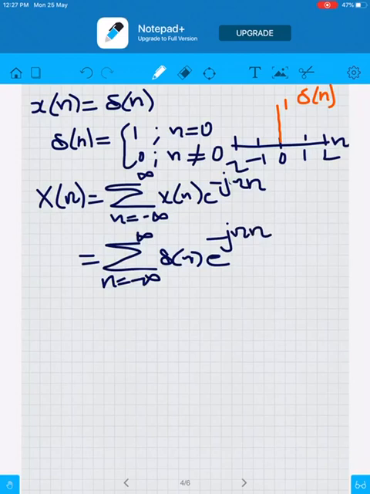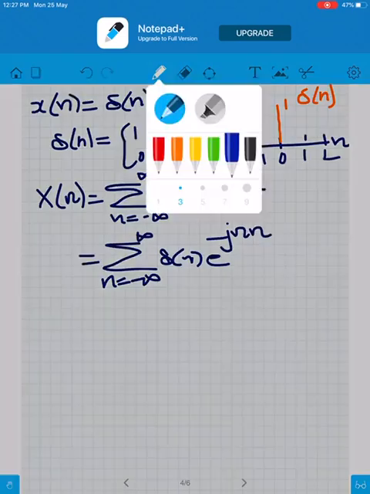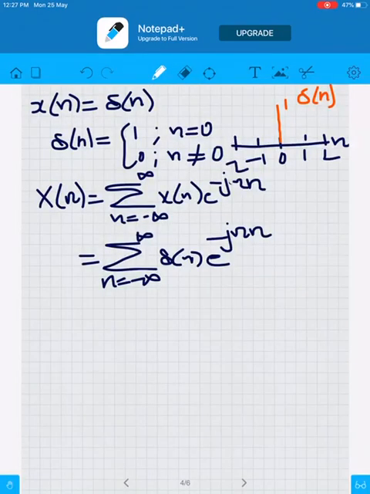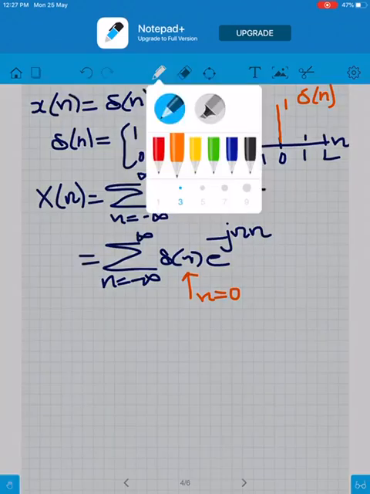Now delta of n exists only at n is equal to 0, correct? For all other values, it is 0. At n is equal to 0, what is its value? 1.